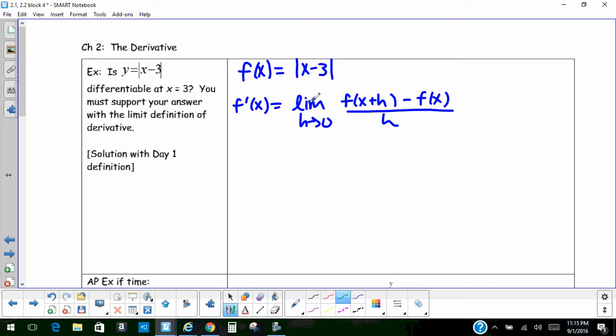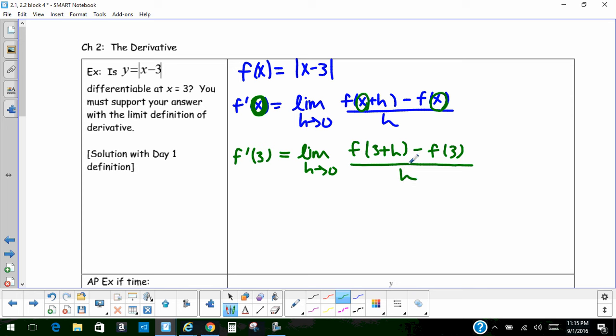Well, then we could do the same kind of principle as far as plugging in the number we're interested in. We could replace that x, then replace this x, then replace this x. So if we are interested in f prime of 3, then that would be the limit as h goes to 0 of f of 3 plus h minus f of 3, but we already found out yesterday f of 3 was 0, all over h.